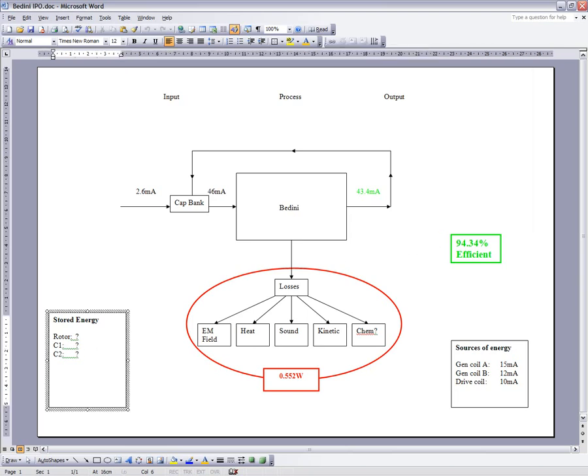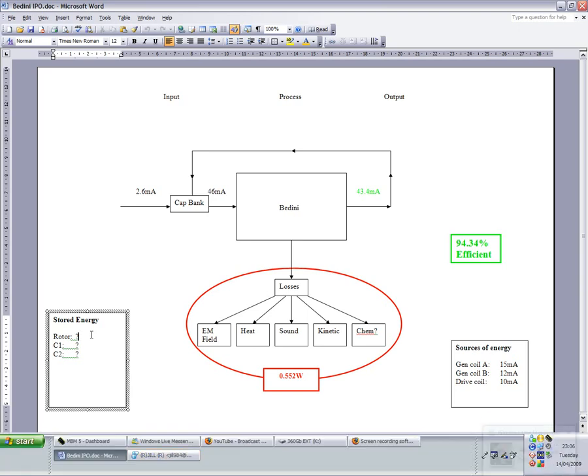Stored energy. I've got question marks in here at the moment because I don't know what's actually being stored. The rotor itself is spinning at a constant speed-ish, so therefore we can calculate how much kinetic energy is stored in the rotor, but I haven't done that yet because it's kind of complicated to do.